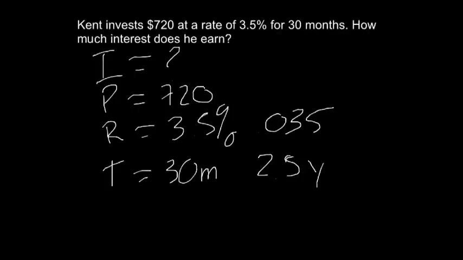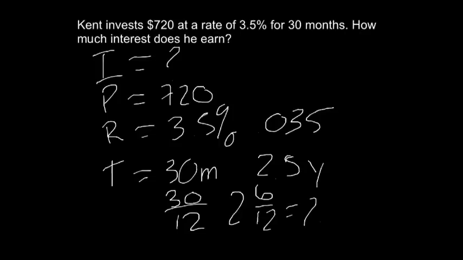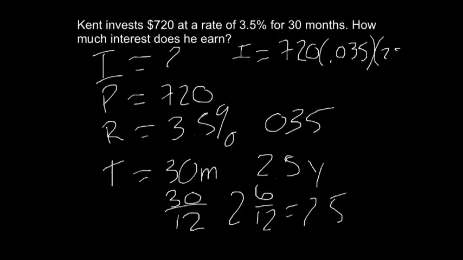If that's confusing, then you're just going to divide 30 by 12. And when you divide 30 by 12, you get 2 6/12 equals 2.5 years. So that means my interest is going to equal 720 times 0.035 times 2.5.